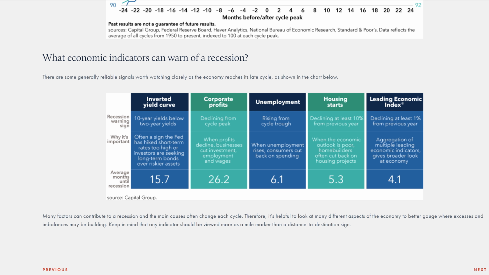That kind of inversion is showing that a recession is coming, because the Fed is raising the interest rates in the short term, and in the long term the investors are pricing in slower growth. So that's why it's called an inverted curve.